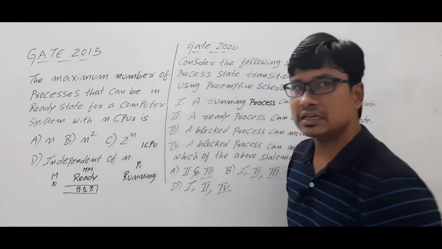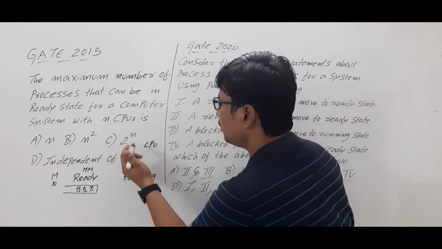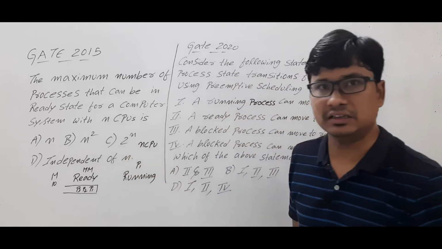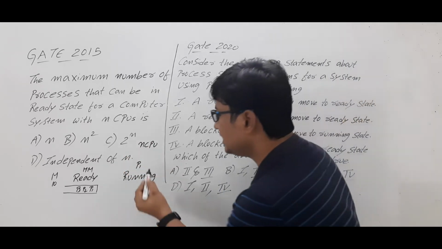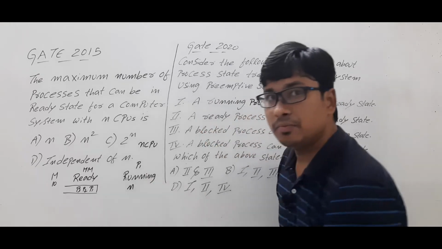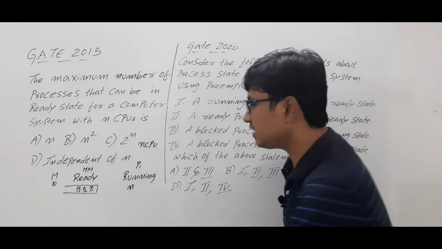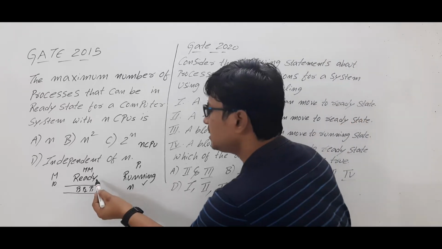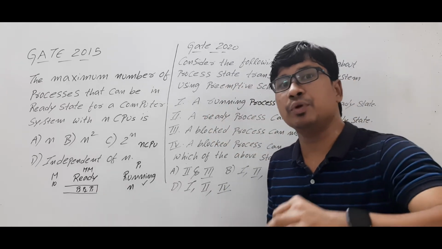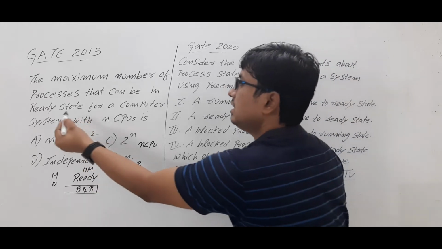Now what they are asking in the question, if you have n such CPUs. If you have n such CPUs, you can say that n number of processes will be there in the running state. But can we say anything about the number of processes which are there in the ready state?